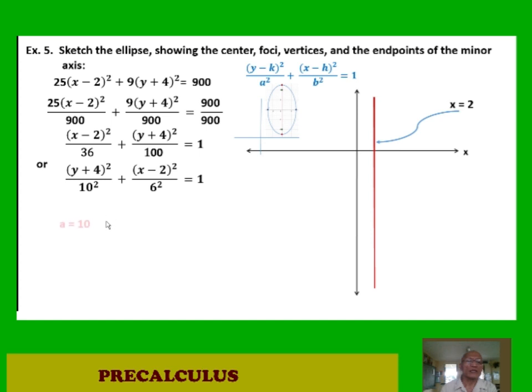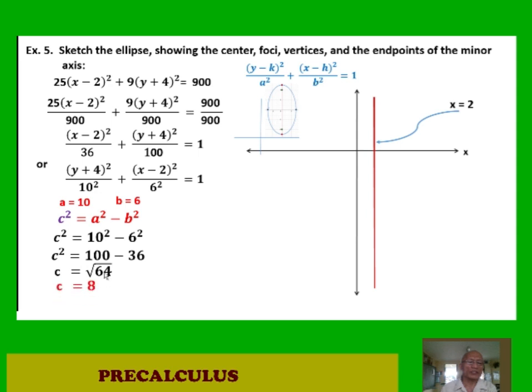Identify a. A is 10, b is 6, c is the square root of a squared minus b squared. Substitute a and b, then simplify and solve for c. Extract the square root of 64, 8. c is 8.